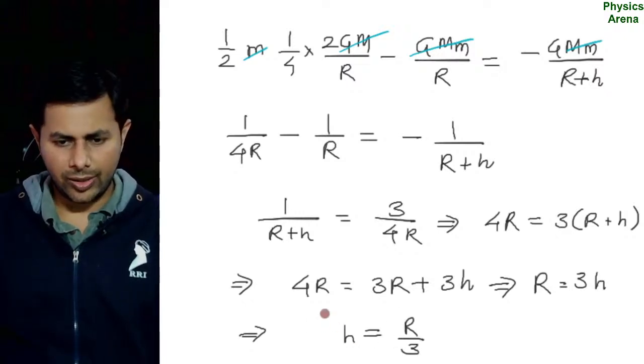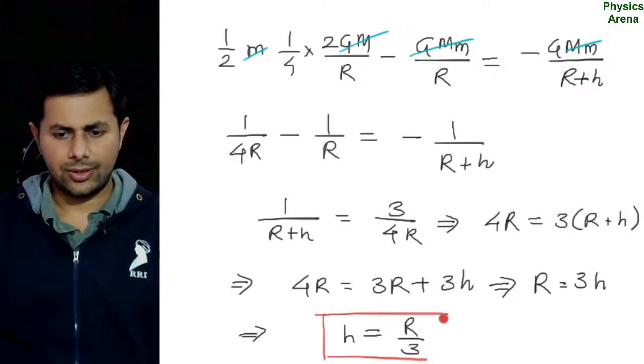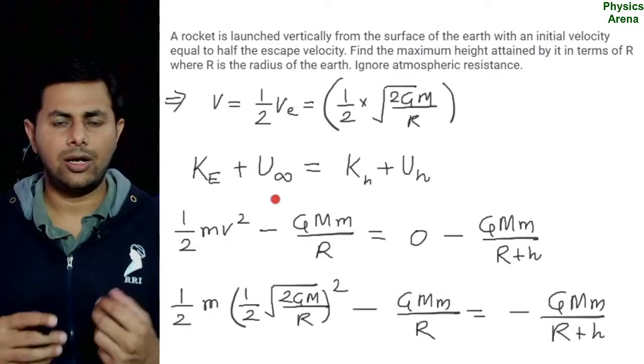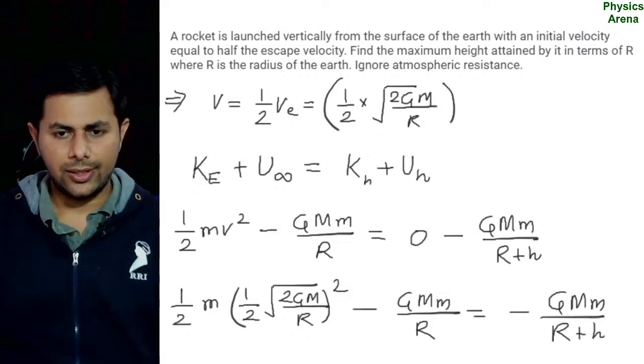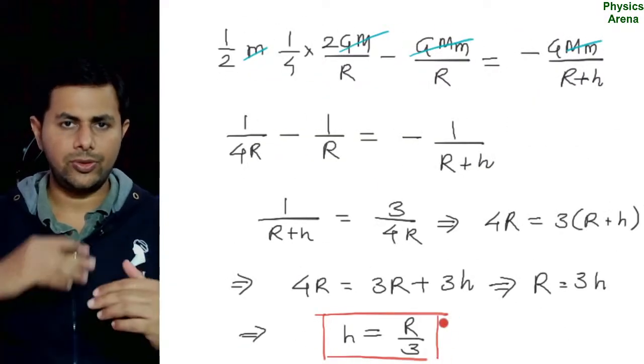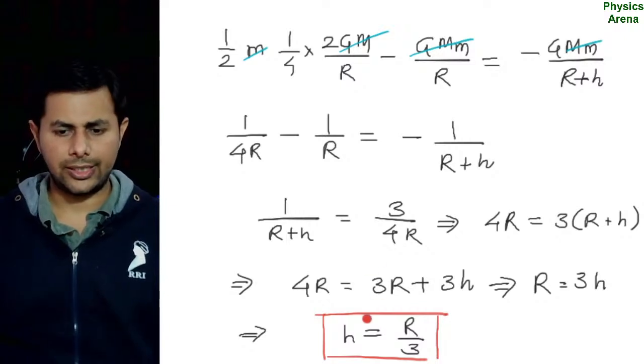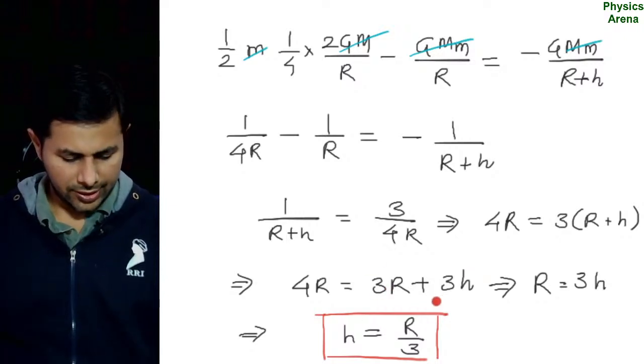So at what maximum height can the rocket reach when it is fired with velocity equal to half of the escape velocity? It can go up to the height of r by 3, in terms of radius of earth. So is it clear?